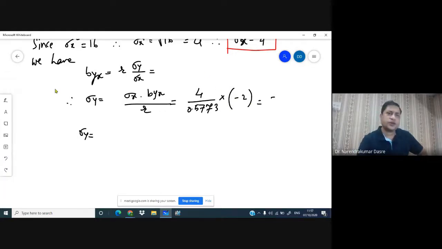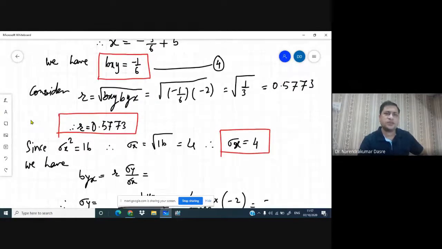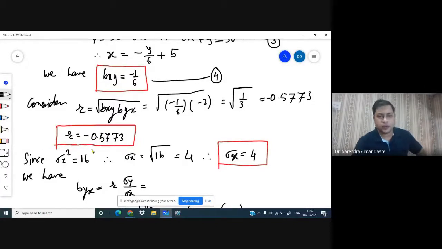One more thing that you need to understand is r will be negative. As byx and bxy are negative, r will be negative here. So r will be minus 0.5773.